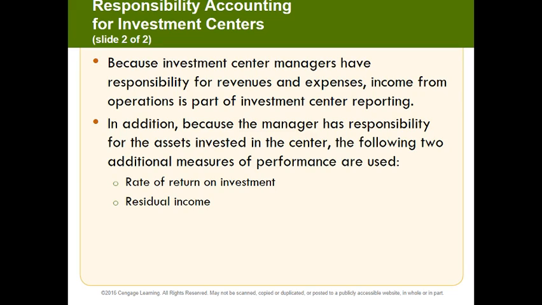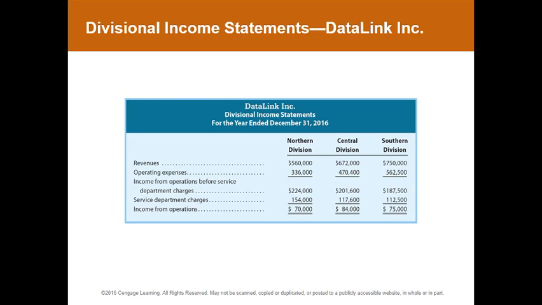Because investment center managers have responsibility for both revenues and expenses, income from operations is a part of their reporting. They also have responsibility for those assets that are invested in the center. So there's two other measures of performance that are used. We have the rate of return on investment and then residual income. Here we show you the North, the Central, and the Southern division.